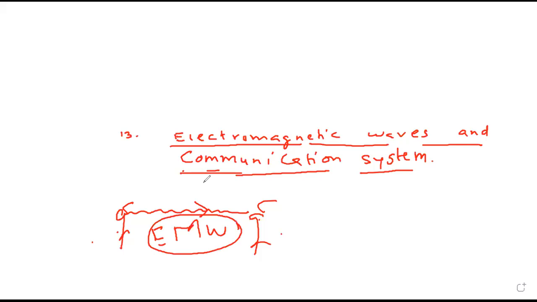Whenever we are doing communication, we require three things. One, who will emit, usko bolte actually transmitter. Second, who will collect, that is called as receiver. And this is the channel through which it is going.